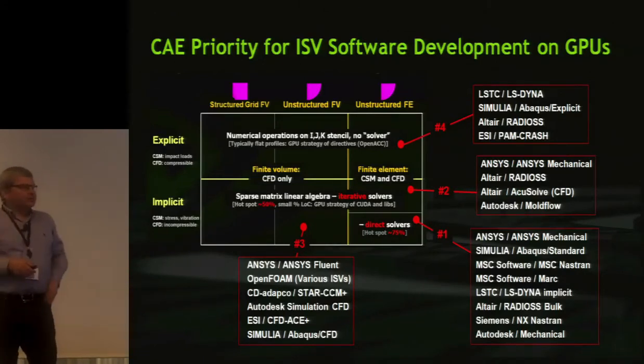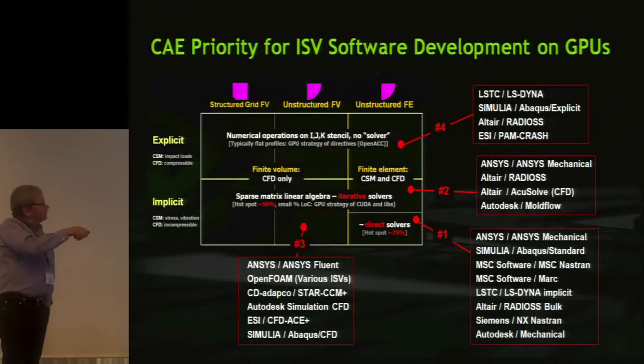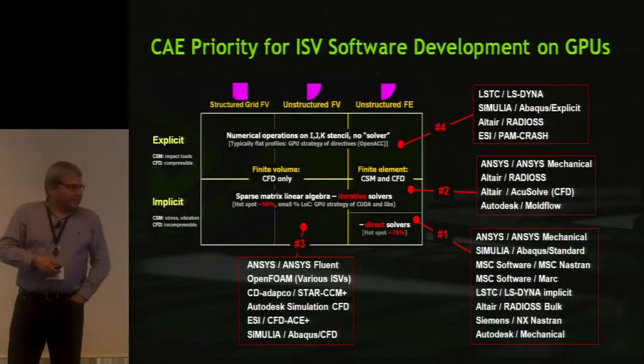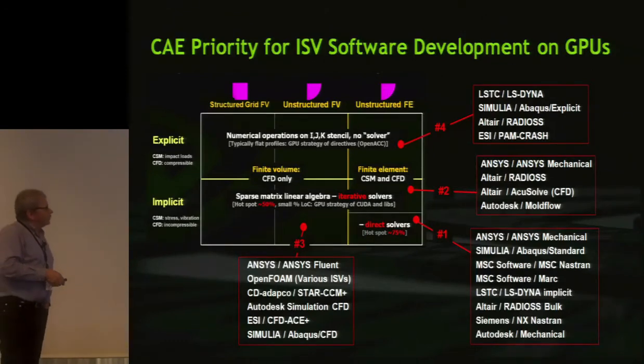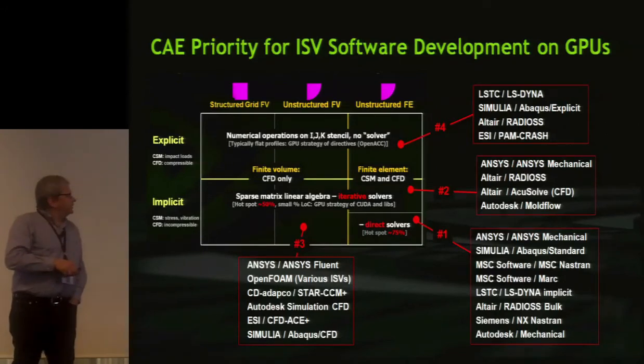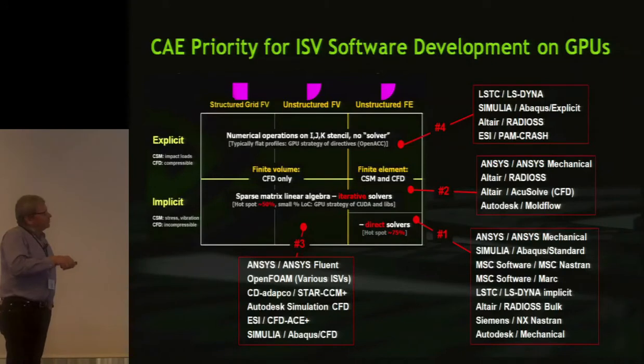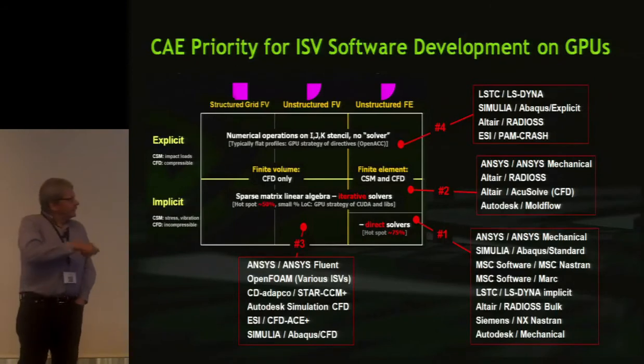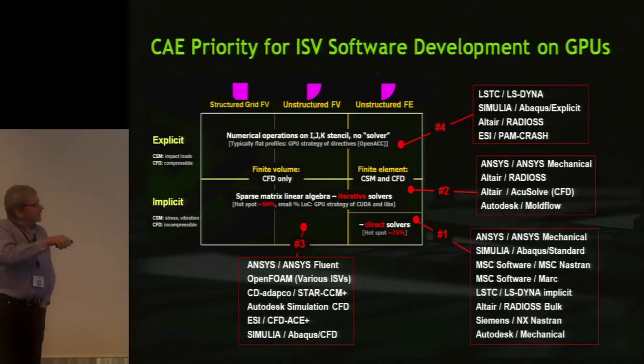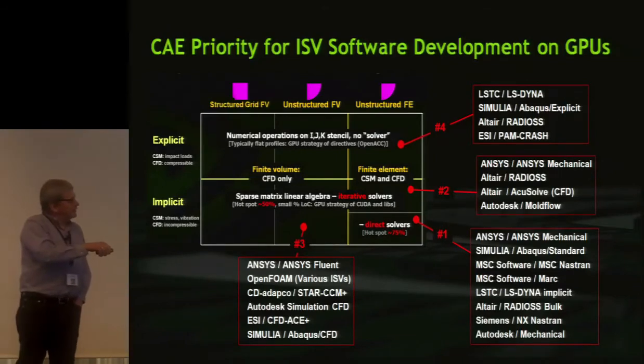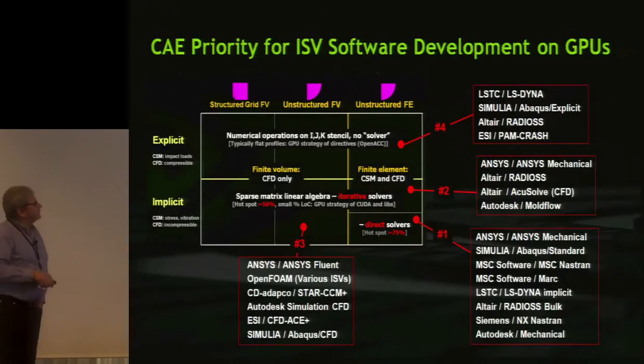And in these direct solvers, or in these applications, you have a hotspot which normally consumes around 70 or 80% of the total compute time. So you can implement these kinds of solvers very easily on the GPU and get a very good speedup. This was our number one priority together with the ISVs, in order to implement, for instance, ANSYS Mechanical or Abaqus Standard, Nastran, Marc, LS-DYNA implicit, Radioss, NX Nastran, and Autodesk Mechanical.